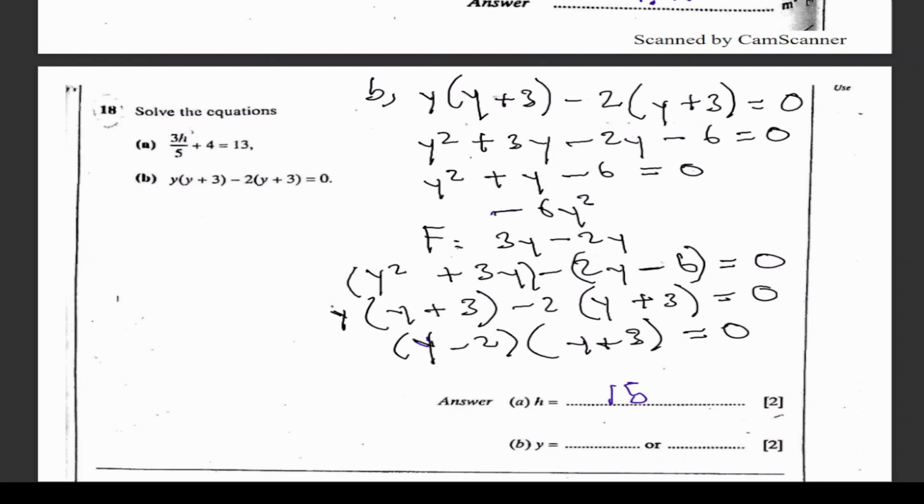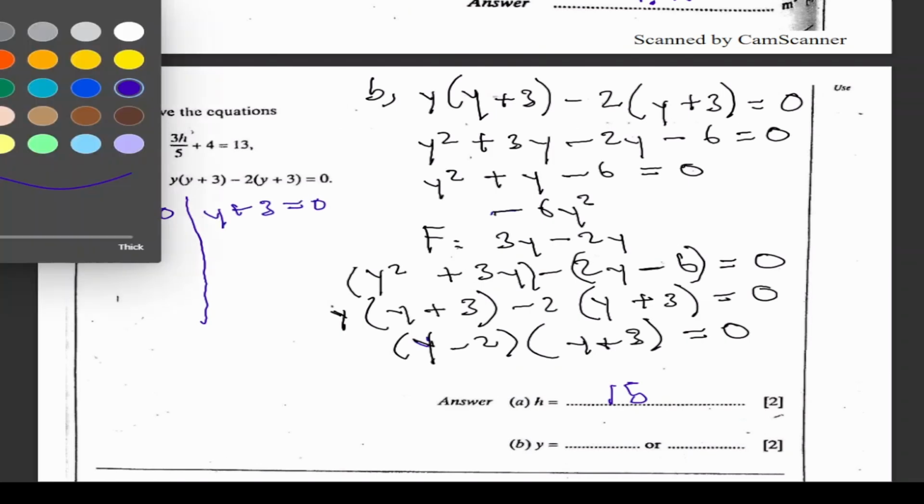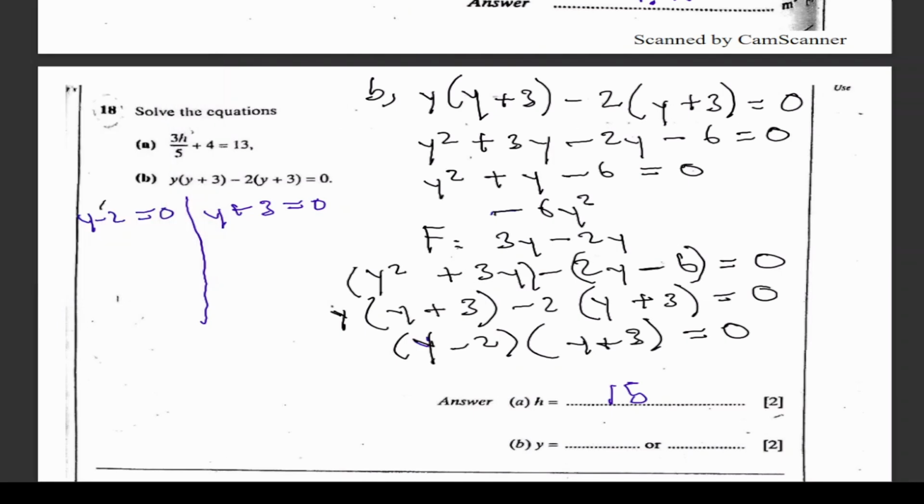We have this expression bracket y minus 2 multiplying bracket y plus 3 is equals to 0. It means that it's either this bracket or this bracket is 0. So let us use a different color. Y minus 2 is equals to 0, or y plus 3 is equals to 0. So we know our operations that this number minus 2 would cross over the equal sign and it changes its sign.